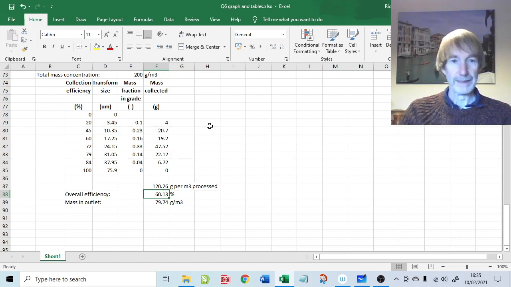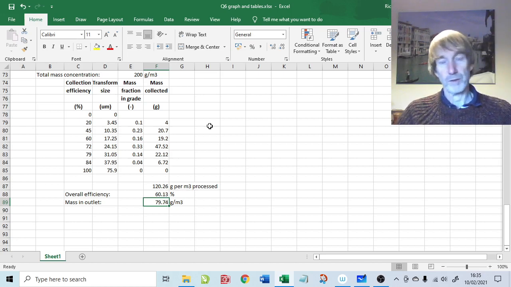But it's unlikely that you will be permitted to discharge what is near enough 80 grams per metre cube of solids. That actually probably is way too high for a discharge. So it's clearly an initial device for removing solids. You'd probably then have to have a filter after it. The filter would have a much higher pressure drop and may be restricted by the temperature of operation.